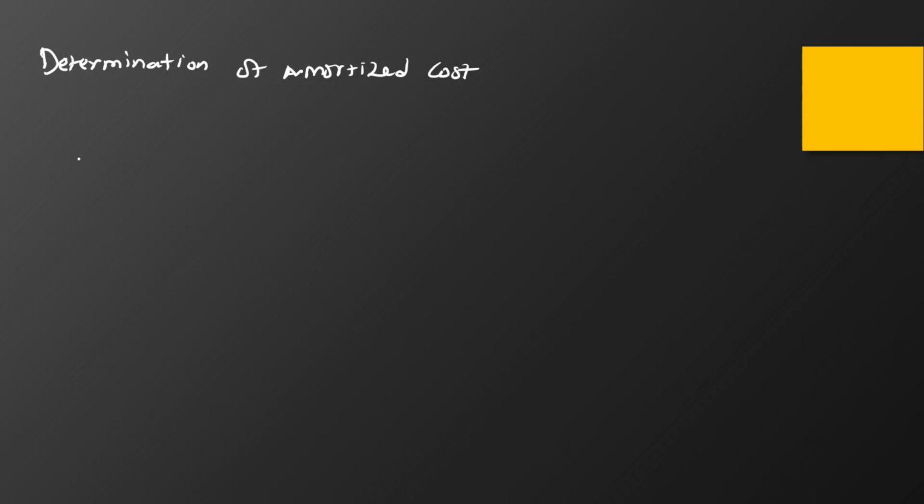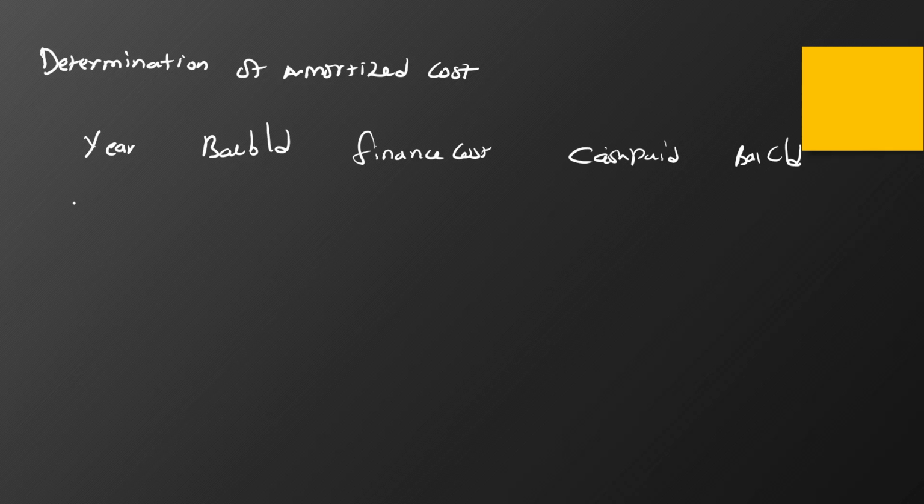Now the determination of amortized cost is given by, you take the year, prepare an amortization schedule: the balance brought down, the finance cost, the cash paid, and finally the balance carried down.